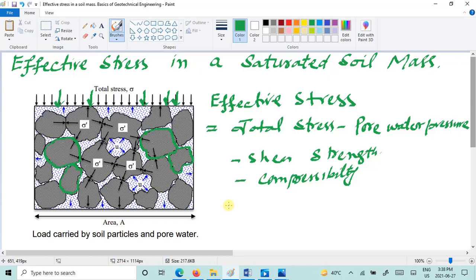Now, we already know that sigma V is the total vertical stress. If you want to write an equation for the effective stress, we can write it like this: the effective vertical stress, sigma prime V, will be equal to sigma V, which is the total vertical stress, minus U, the pore water pressure.